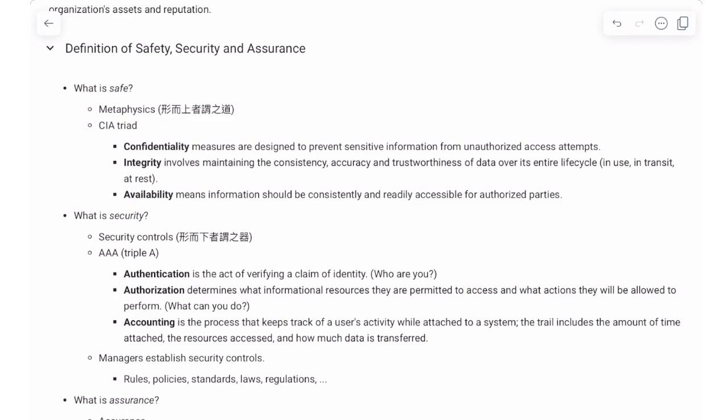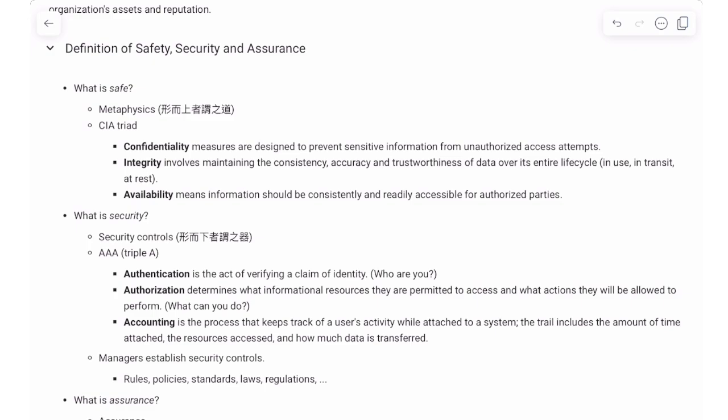The authentication is quite simple. That is verifying the claim of identity, which means who are you. For example, if you have an email account and you log into, for example, Gmail, you have to provide a password and ID to prove you are you, right? So that is authentication.